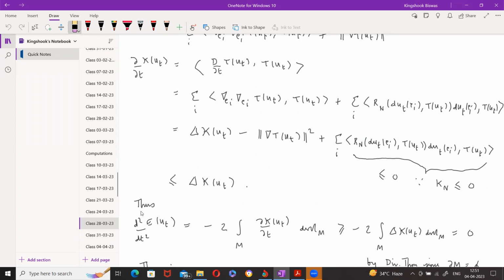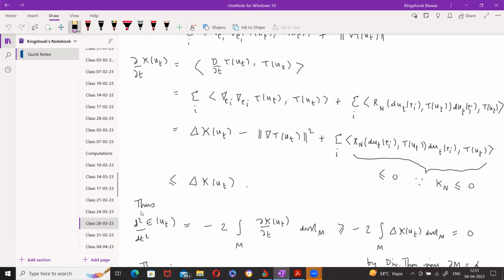So we got that del T of kappa ut is less than or equal to Laplacian of kappa ut, because the sectional curvature of N was less than or equal to 0. We did this 2 classes ago.